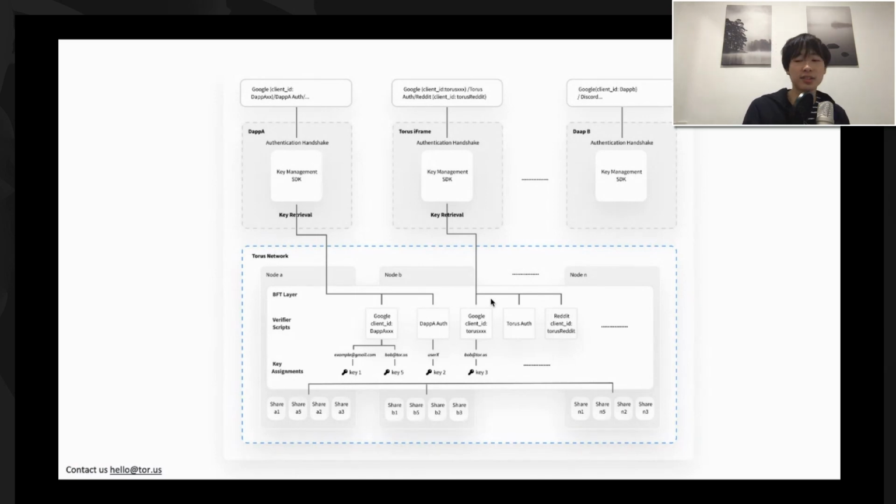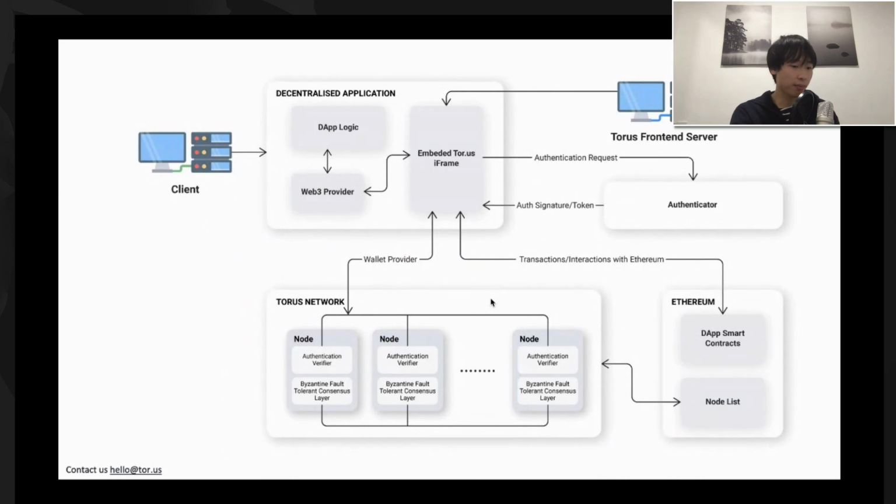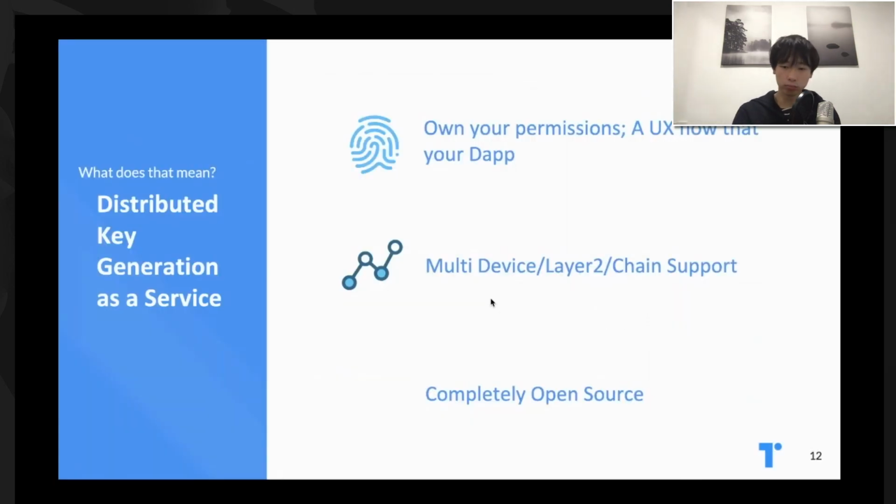This extends the DKG setup and functionality to them, allowing them to stay non-custodial, delegating and splitting key management access, be it on web, mobile, or desktop. It allows them to basically do distributed key generation as a service. This way of handling keys is quite flexible. It allows them naturally to set up their own UX flows.